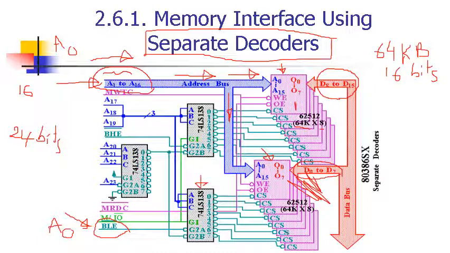A0 is made low and connects to BLE to make G2A low, and this activates this lower decoder, and if you are reading from your memory, you have to provide this memory read control strobe.